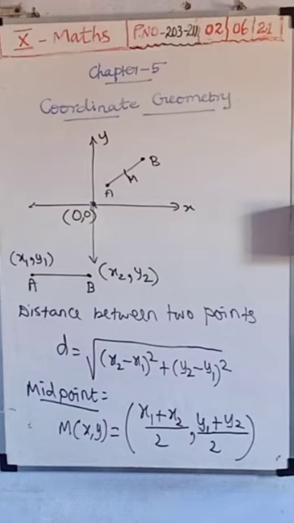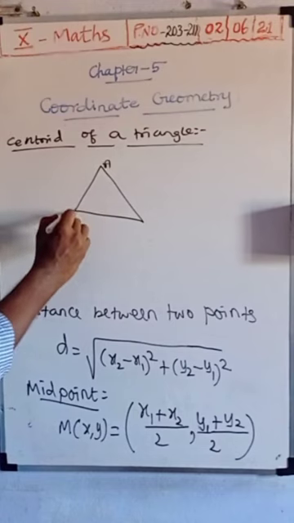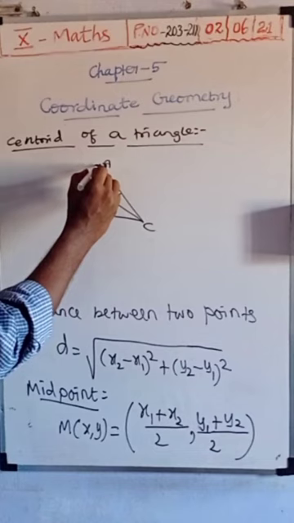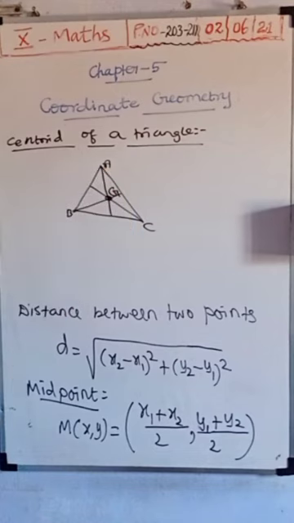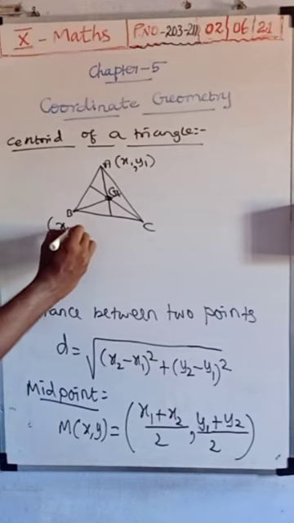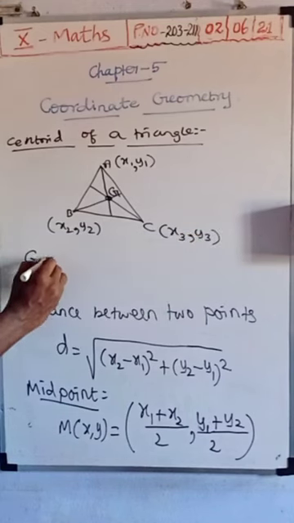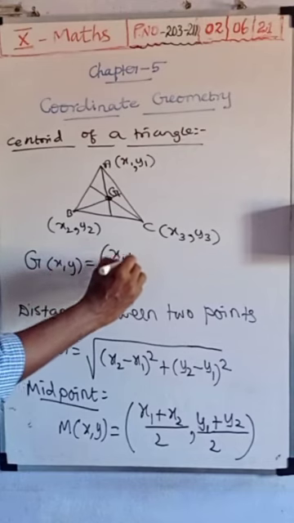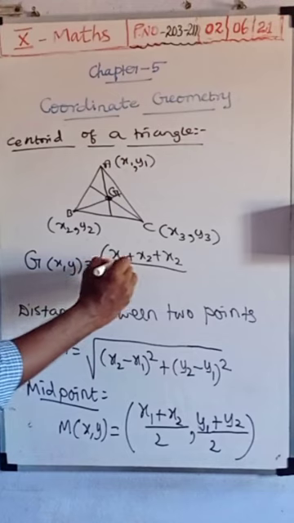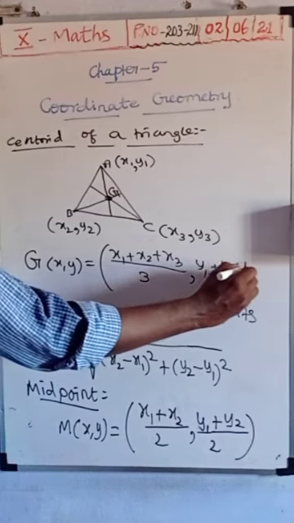Next is the centroid of a triangle. In a triangle, 3 points A, B, C are given. You draw this, then the centroid G. How do we find the centroid? Point A is x1 comma y1, B is x2 comma y2, and C is x3 comma y3. The centroid G of x comma y is equal to x1 plus x2 plus x3 by 3 comma y1 plus y2 plus y3 by 3.